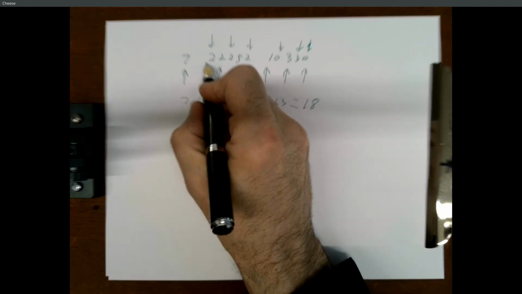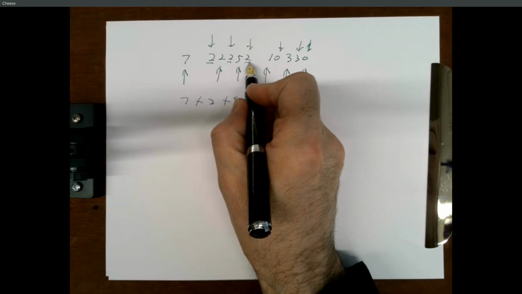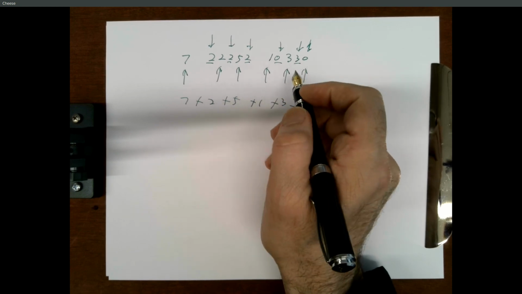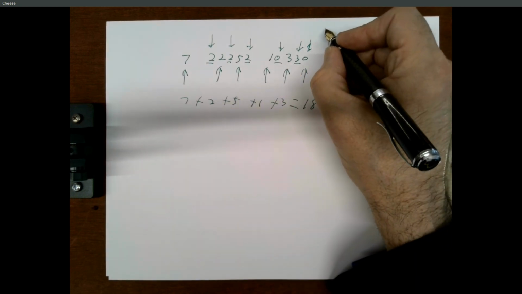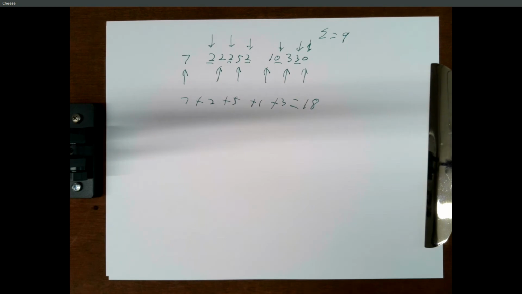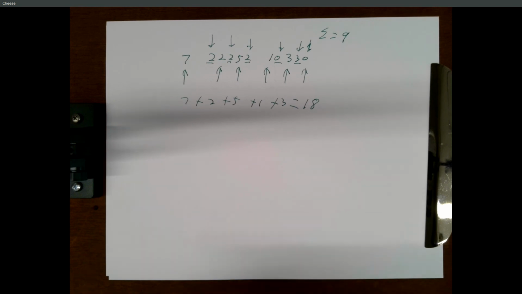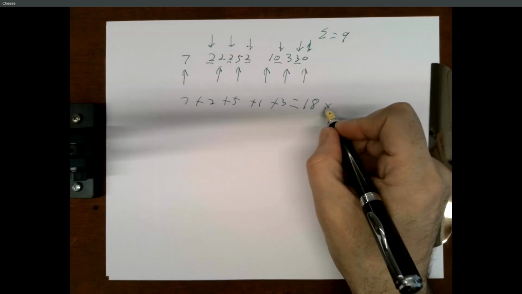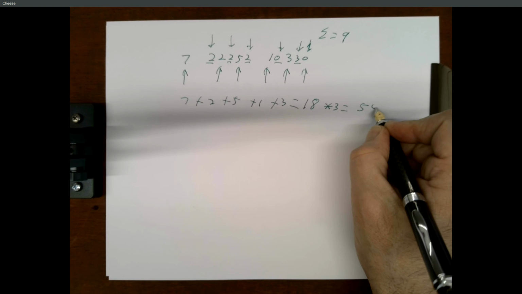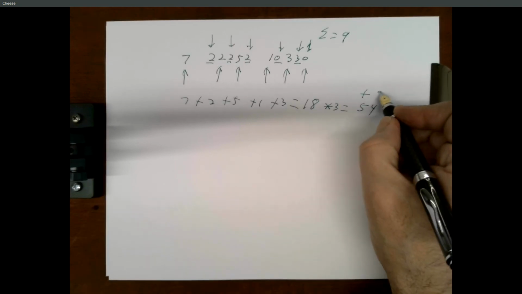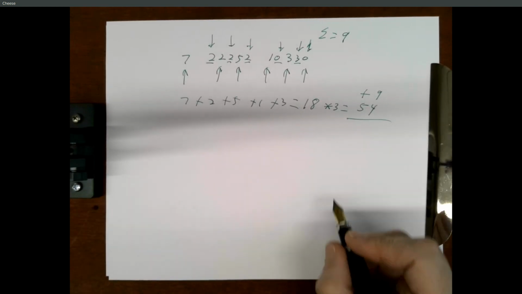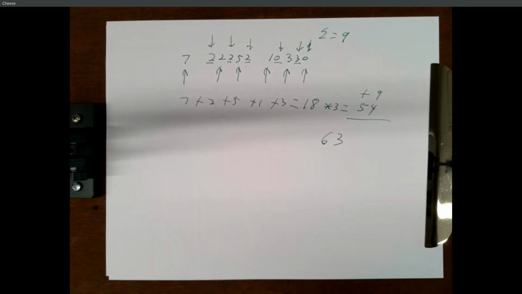Your even positions, so 2 and 2 is 4, and 2 is 6, and 3 is 9. And then take this one and multiply it by 3. So that's 54. Add the 9, and that's 63.